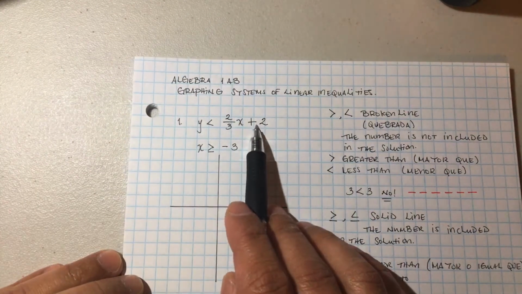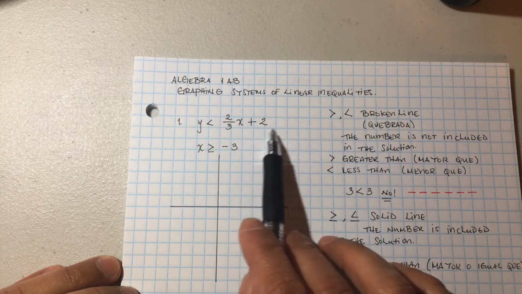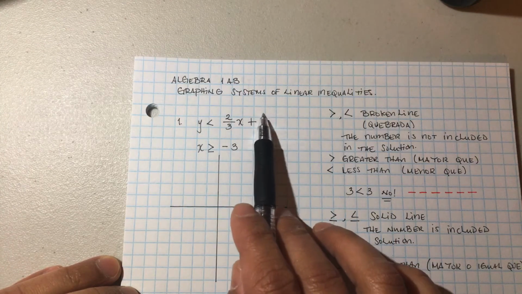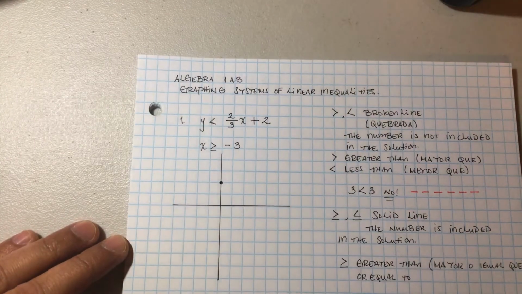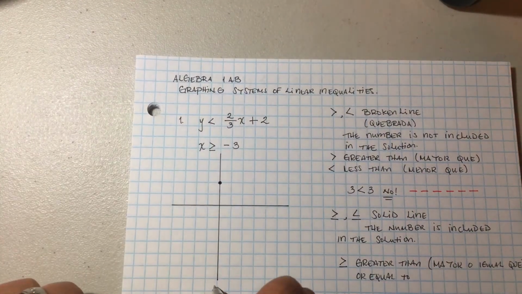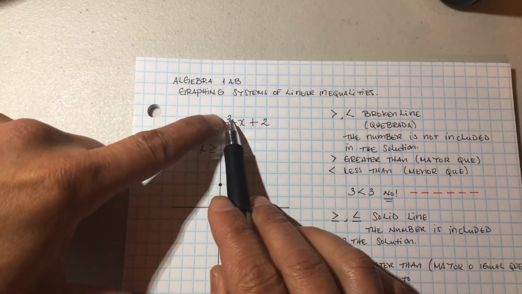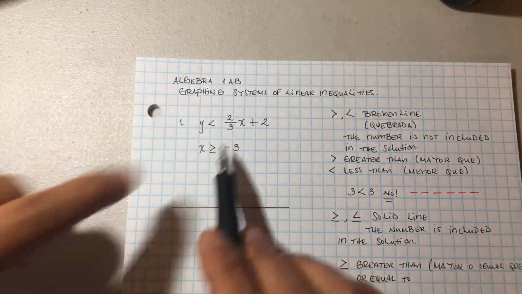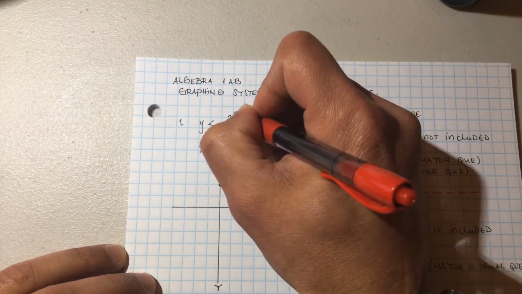Remember, this is your starting point. This is your slope-intercept. In the positive 2, we're going to start right here, and you always start on the y-axis. And then positive 2 over 3. Remember, this is the rise over the run.